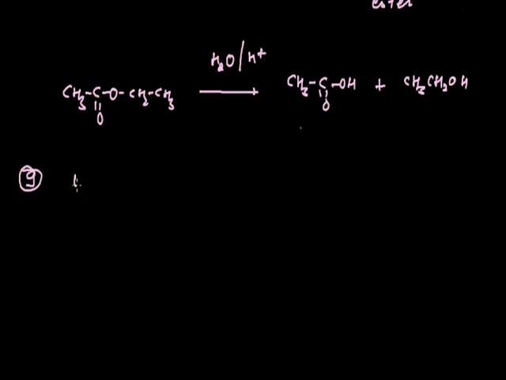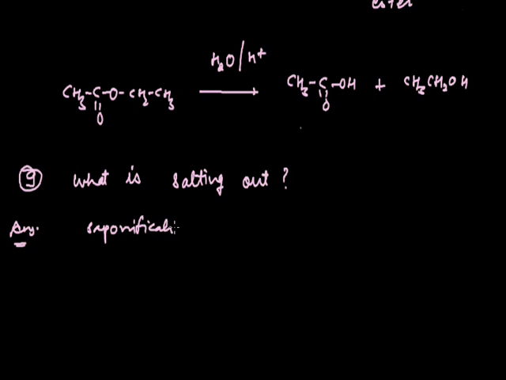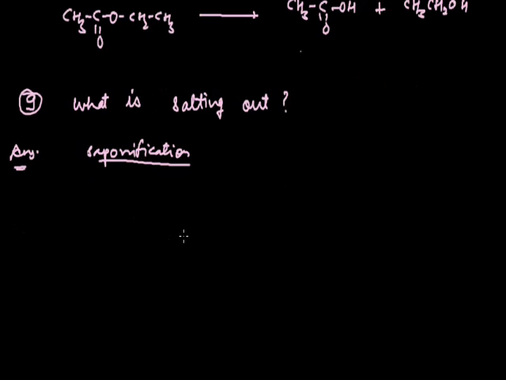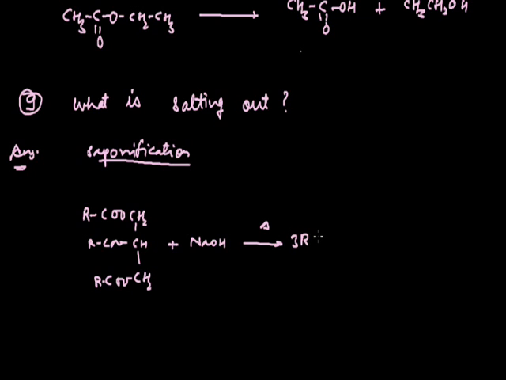Next question is, what is salting out? In saponification, when we form soap, generally this reaction is followed. Triglycerides of long chain fatty acid, when reacted with sodium hydroxide in the presence of some heat, give soap and glycerol also.